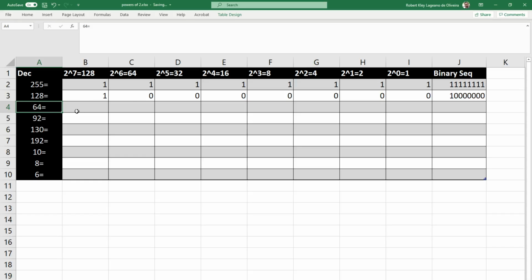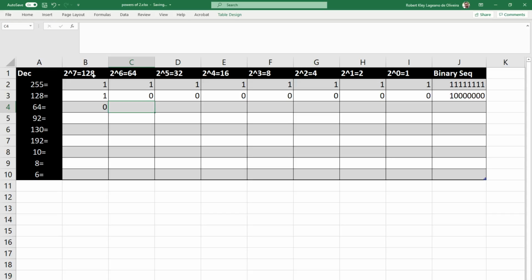Now let's do 64. 64 is a special number, so I just need to divide 64 by the highest number that is equal or lower to 64. Now, 64 divided by 128 is not a division that's going to be greater than 1, so that just basically means it's a 0. I don't need 128 to write down 64. Now I move forward because I wasn't able to divide 64 by 128.